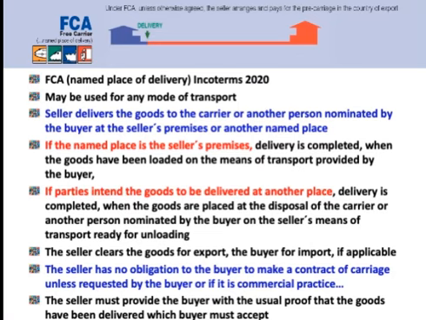Cái delivery point của mình ở đâu em Khuê? Dạ thưa cô là tại nơi của người bán. Nơi của người bán là đâu? Cái cơ sở người bán hả? Không phải, cô đang nói đến cái trường hợp là vận chuyển hàng hóa đến một cái địa điểm các em. Cái delivery point là another named place.